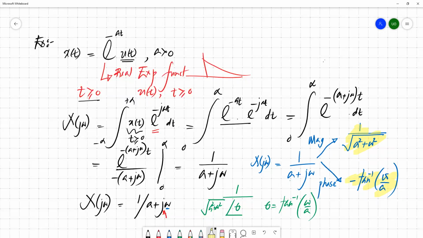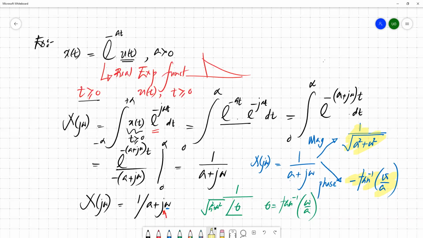So you can just plot it as it is. The magnitude and phase spectrums are simply illustrated in this slide, so I won't try to draw it. You can just refer to those.